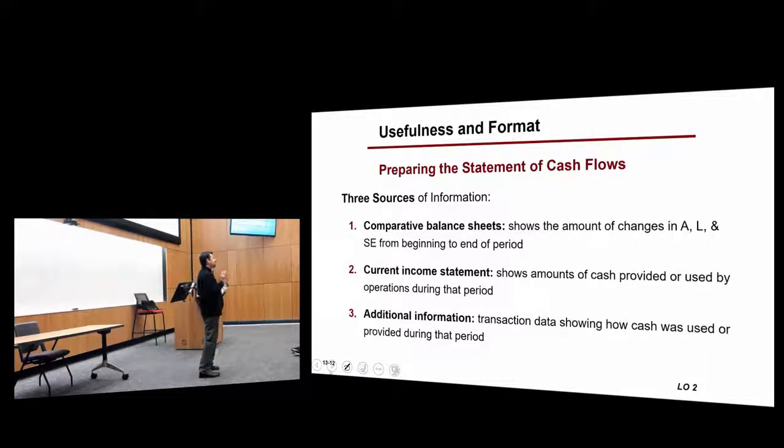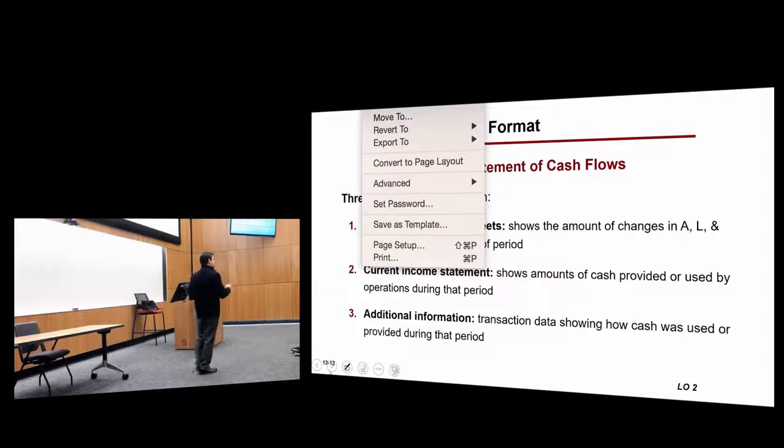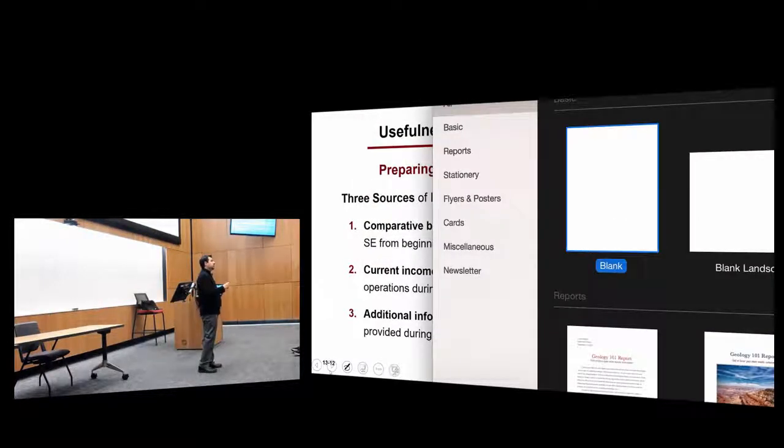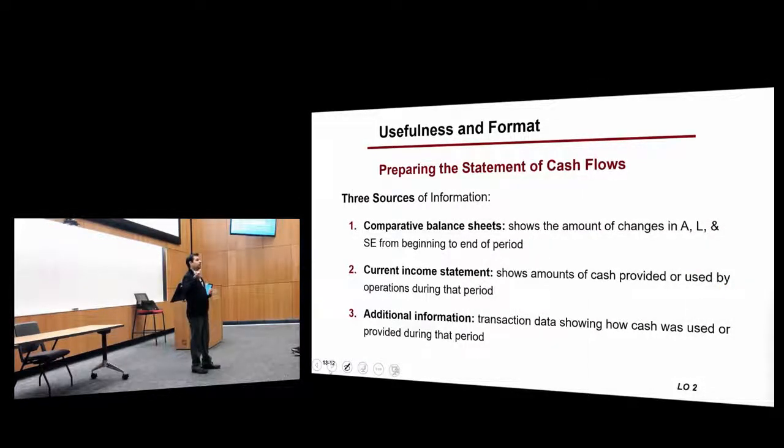Just don't get mixed up between investments and financing. Don't get mixed up between interest expense and interest revenue on one side, which are operating activities, and the dividends that the company receives as revenue, operating activity, and dividends that the company is paying to their shareholders.